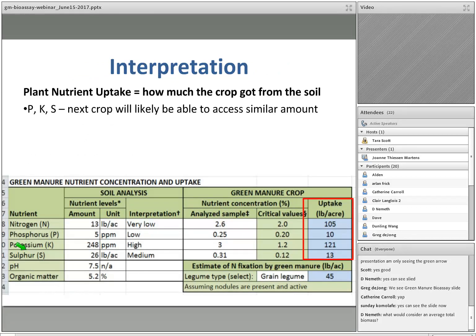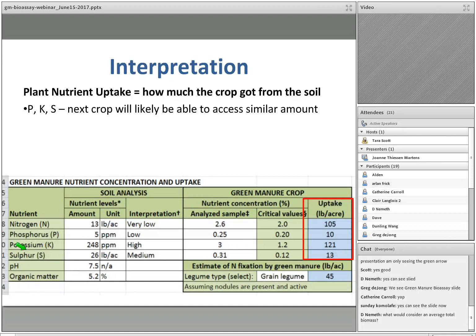Okay, I want to talk a little bit more about the plant nutrient uptake, only because we provide those numbers and they can be a little confusing to interpret. So the plant nutrient uptake is calculated on that summary sheet. It's very simple math. It's just the total biomass multiplied by the concentration of each nutrient in the plant material.